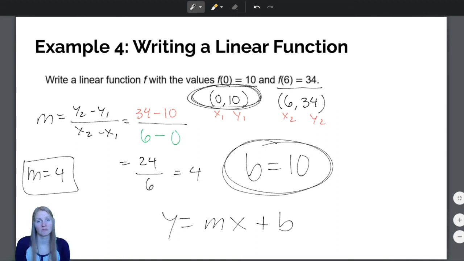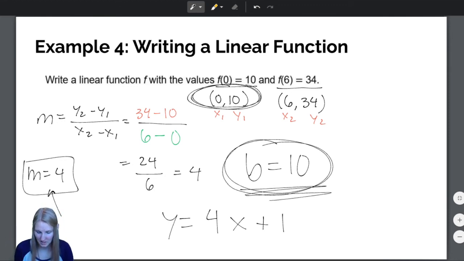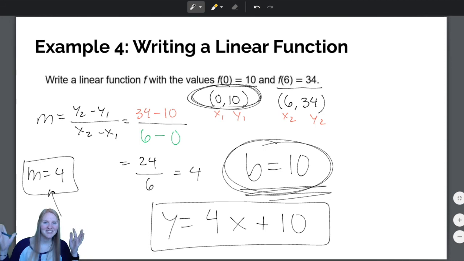That makes my y-intercept 10. When x is 0, what is y? That is our y-intercept. So we know that m is 4. Let me replace m with 4. And we know that b is 10. So let me replace b with 10. And there you go. Y equals 4x plus 10.